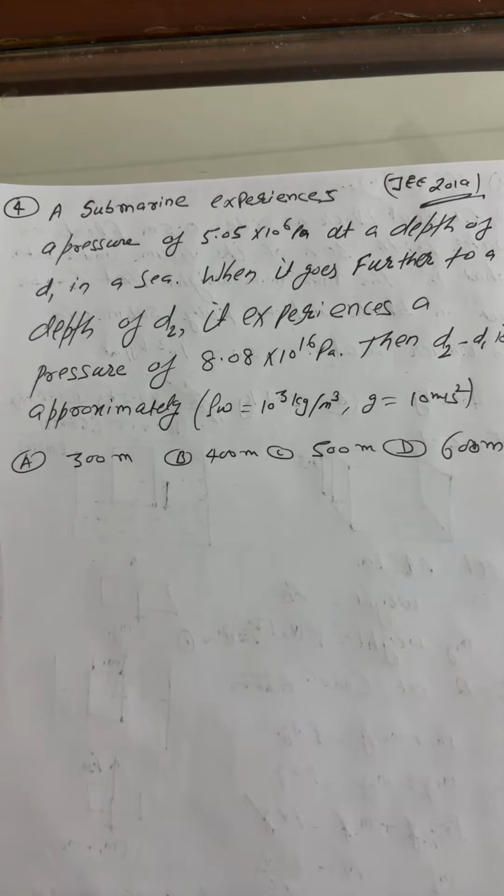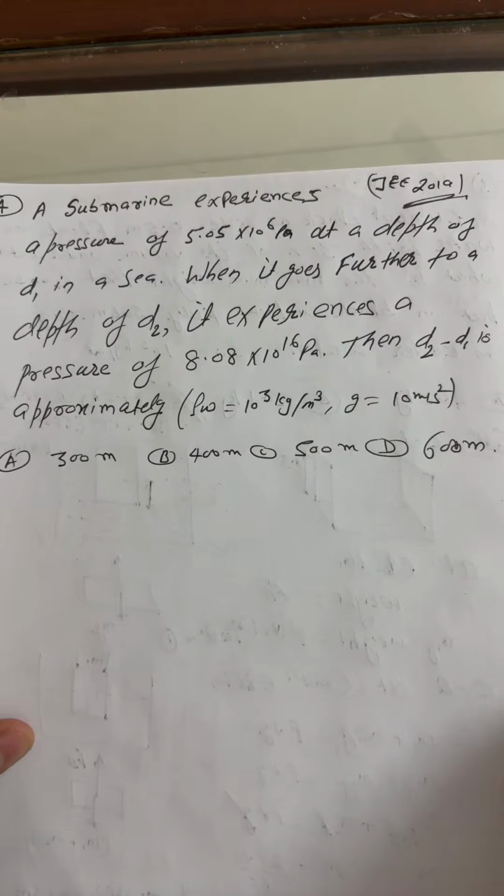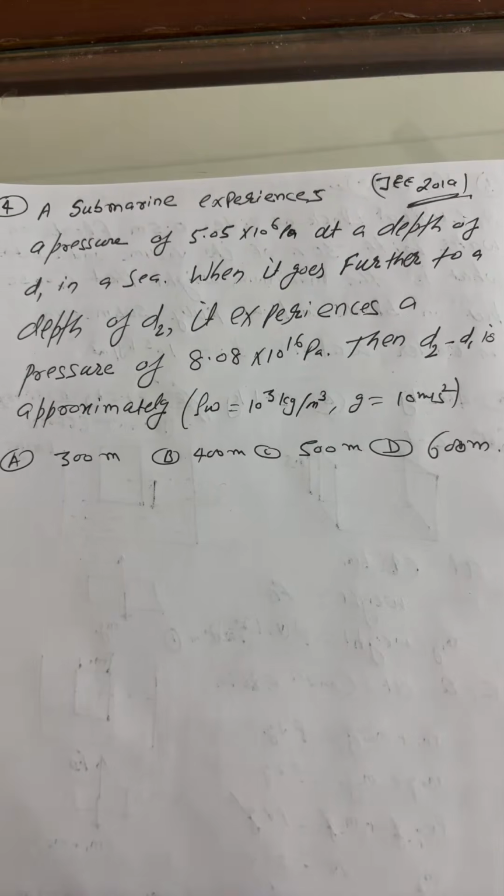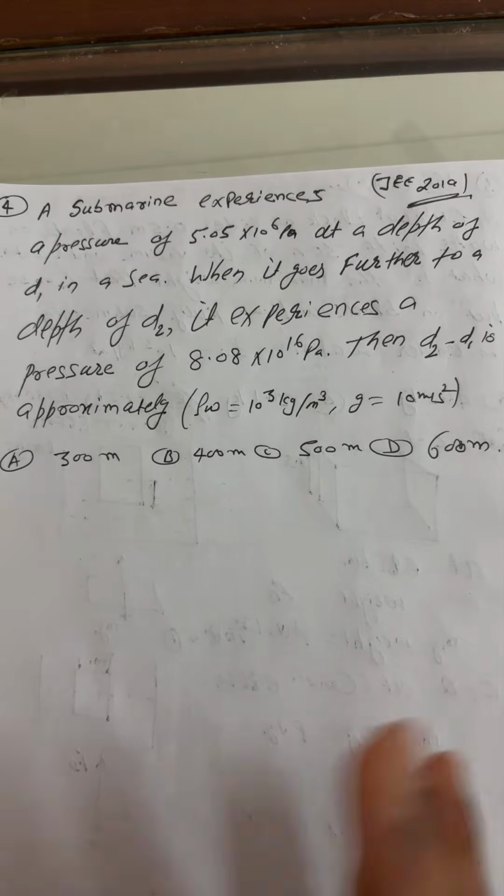A submarine experiences a pressure of 5.05 10 to the power 6 Pascal at a depth of D1 in sea water. When it goes further to a depth of D2, it experiences a pressure of 8.02 10 to the power 6 Pascal. Then D1 minus D2 is approximately. Okay, we have to find D1 minus D2.